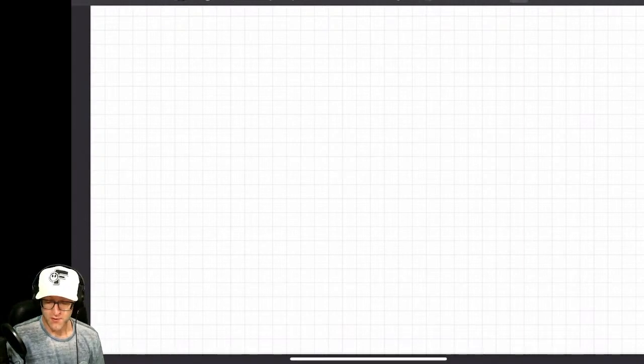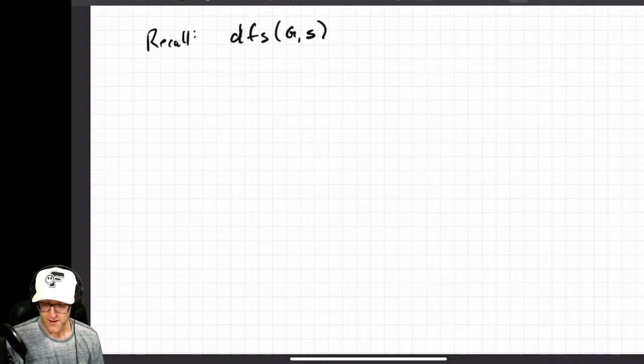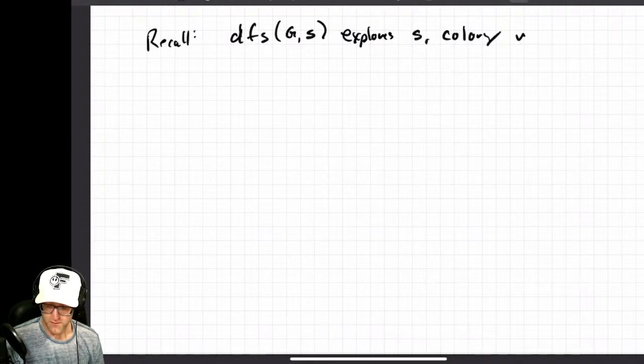So recall that we have this DFS subroutine that takes a graph G and a starting vertex S and explores S, coloring vertices black once completed.